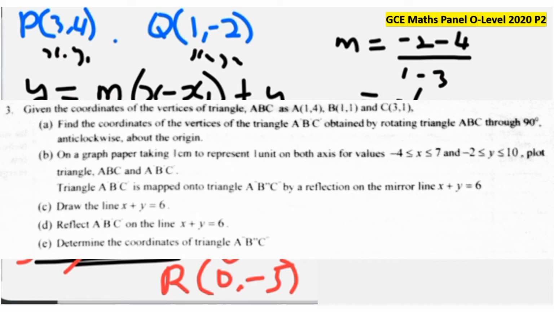That is anti-clockwise. So position, left, down, right, up, left, that's anti-clockwise. That's exactly what they want us to do in this question. Let's see how we can obtain the coordinates of A', B', C' by rotating through 90 degrees about the origin anti-clockwise.